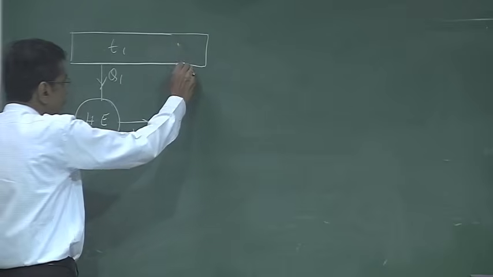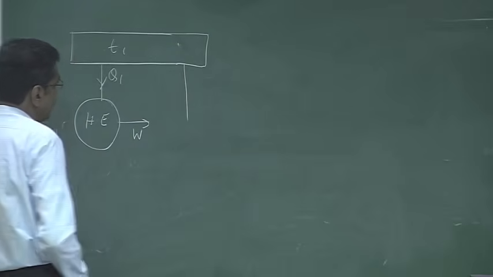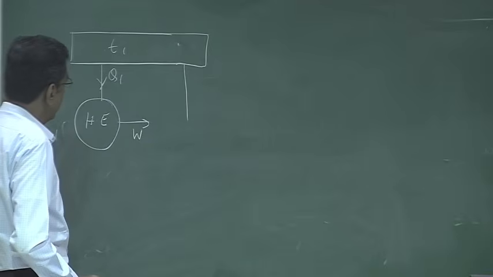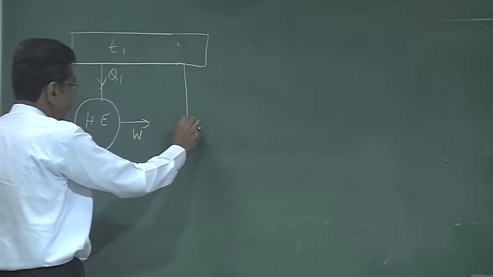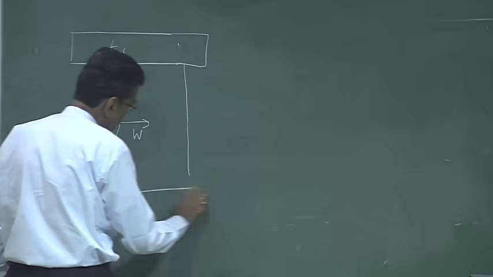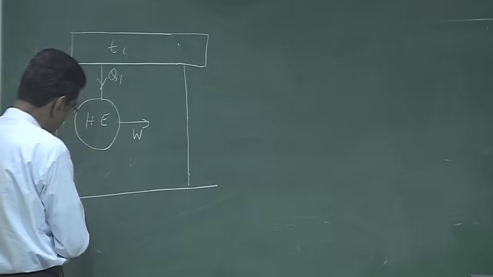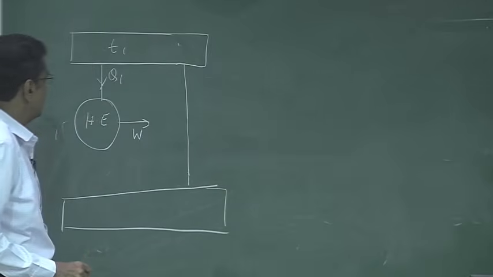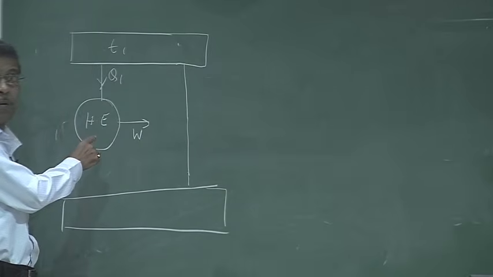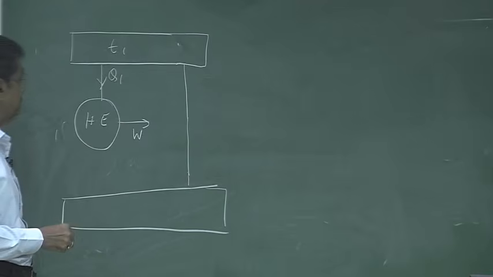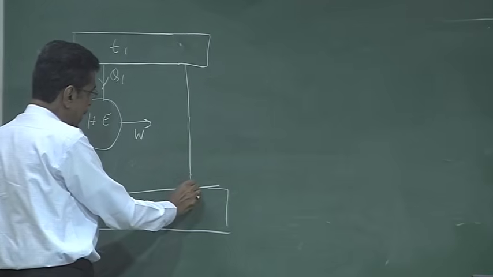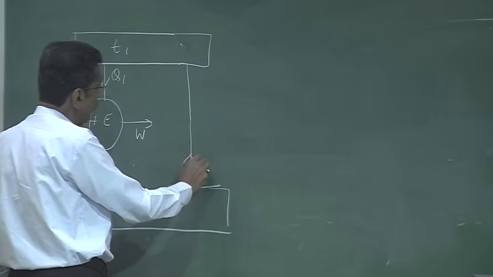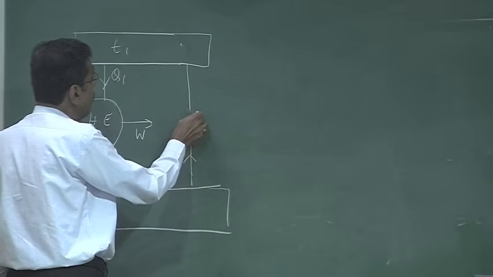And let us consider a system that takes, so this is the violation of the Kelvin-Planck statement at T1, and we consider that there is a heat pump.